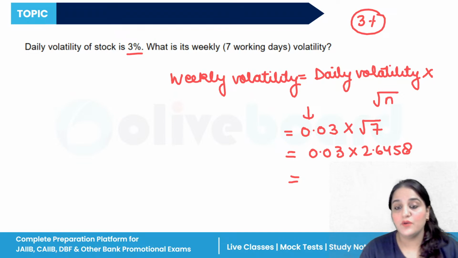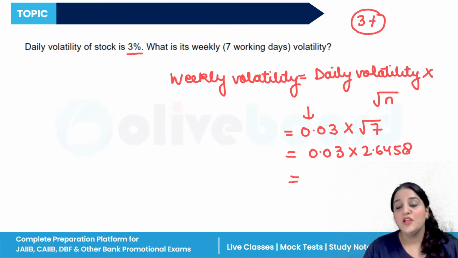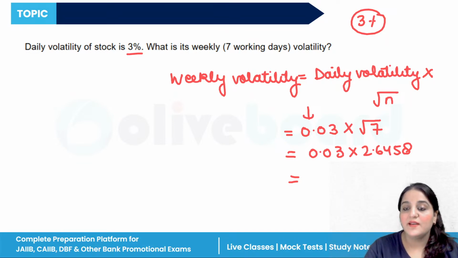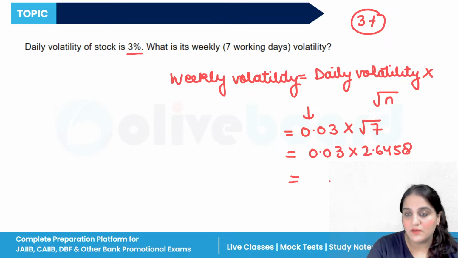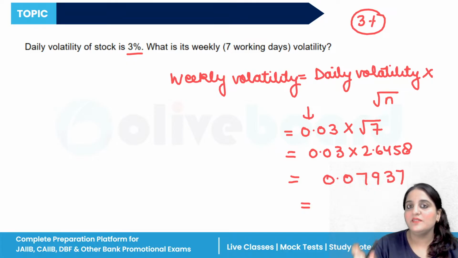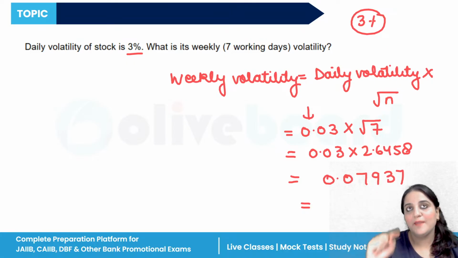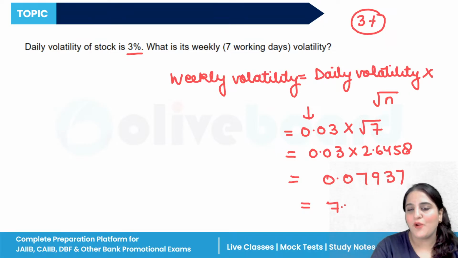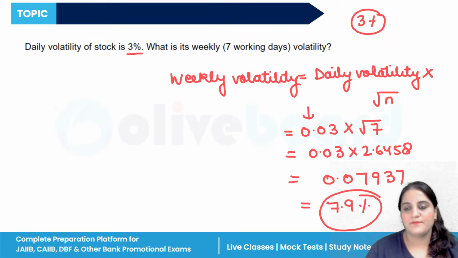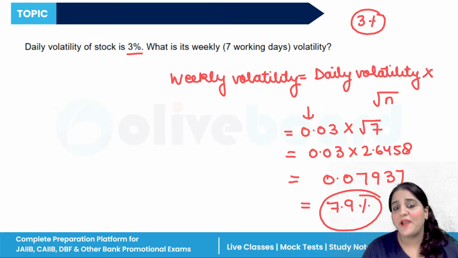Then it is equal to 0.07937, which, when you convert this figure into percentage, you will get 7.9%. For this, just multiply it by 100.